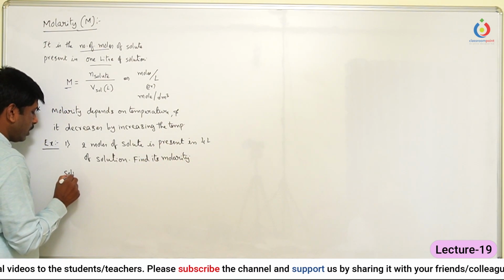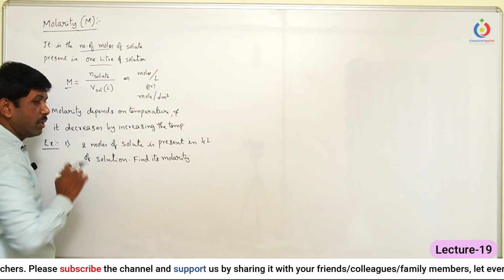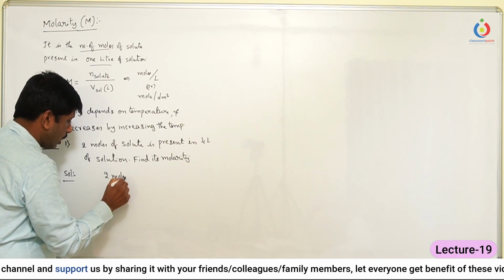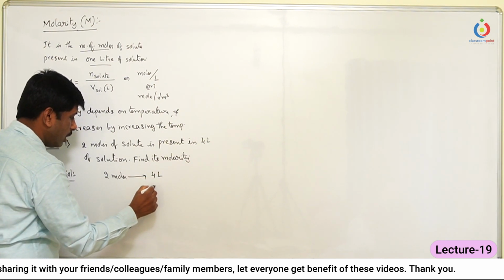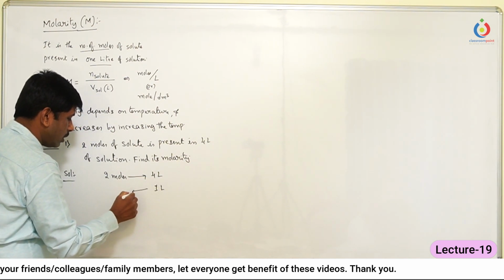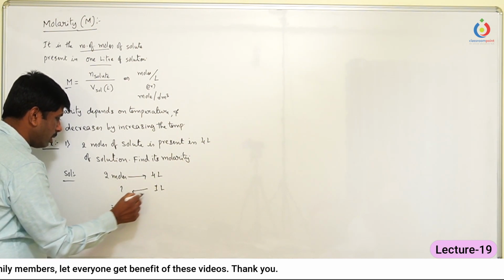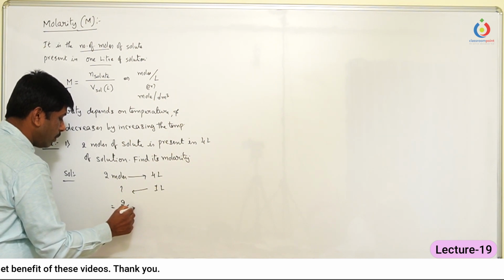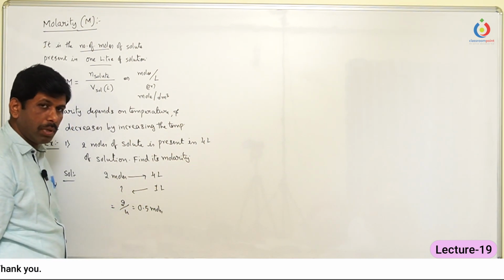So solution for this is, see here, molarity has to be calculated only for 1 liter. 2 moles of solute is in the 4 liters of the solution. Then in 1 liter of the solution, how many moles are present? So you do the cross multiplication: 1 into 2 divided by 4. So 2 by 4 is equal to 0.5 moles per liter.